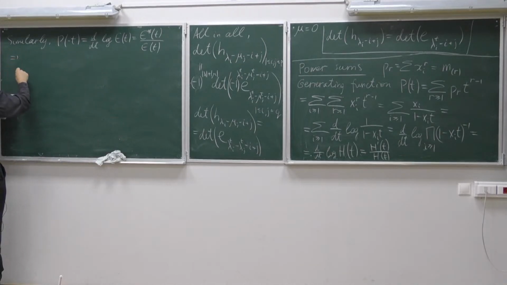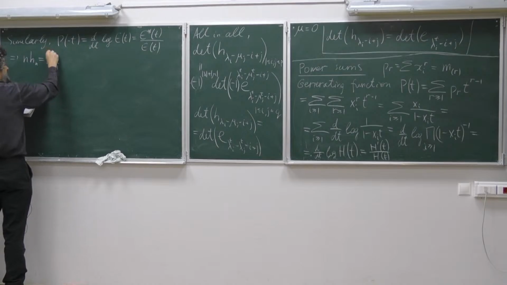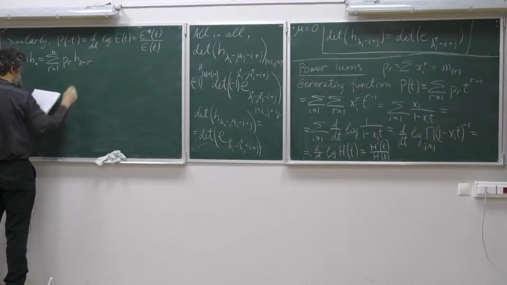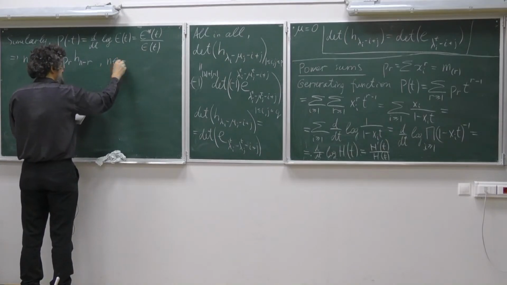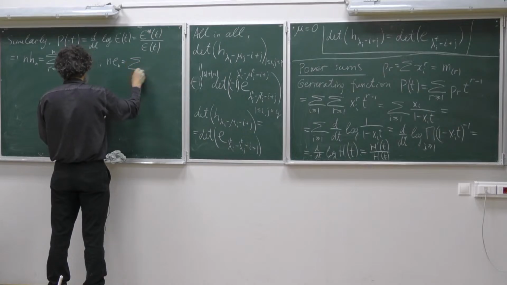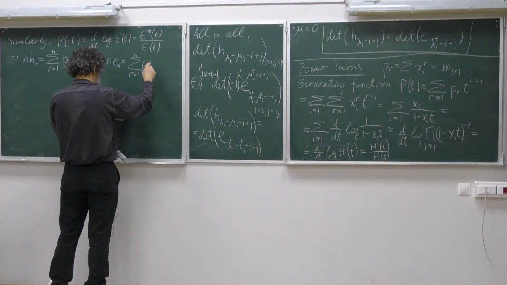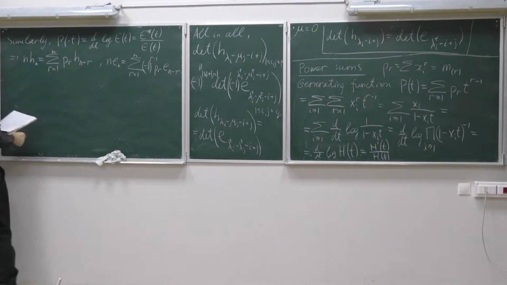So we get n h_n equals the sum of p_r h_{n−r}, and also n e_n is the sum of (−1)^{r−1} p_r e_{n−r}, and these are called Newton formulas.